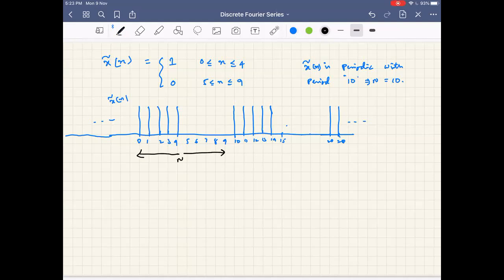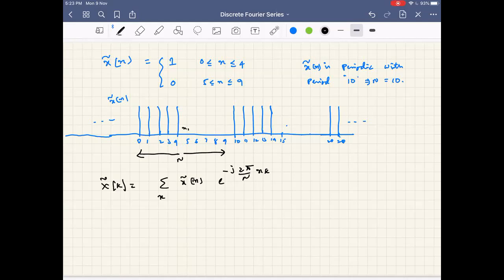Okay, so now let us write x tilde of k for this signal. Let us write x tilde of n e power minus j 2 pi by N into nk, for a general capital N, up to small n1.